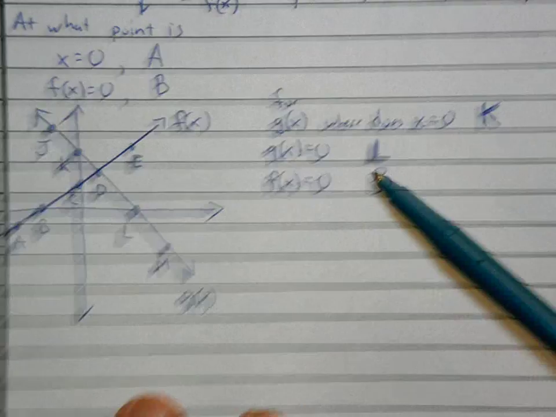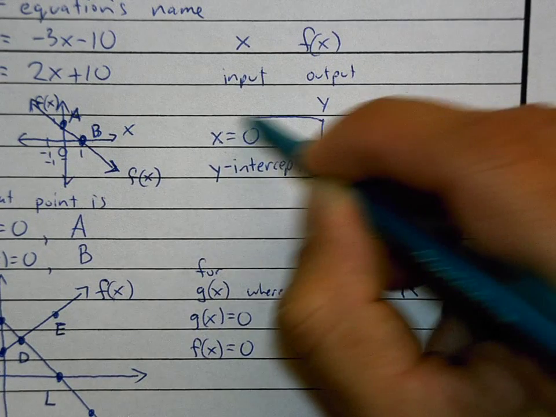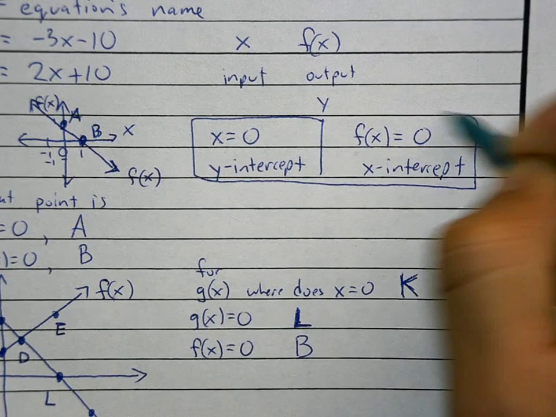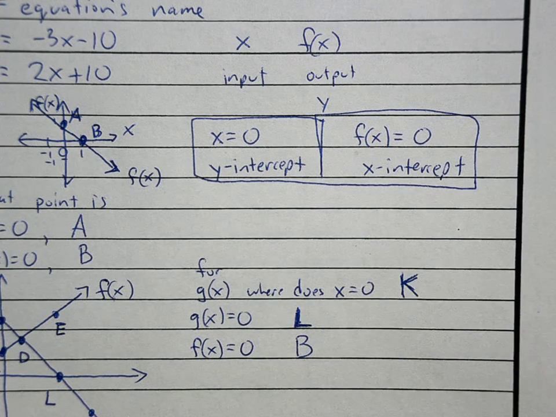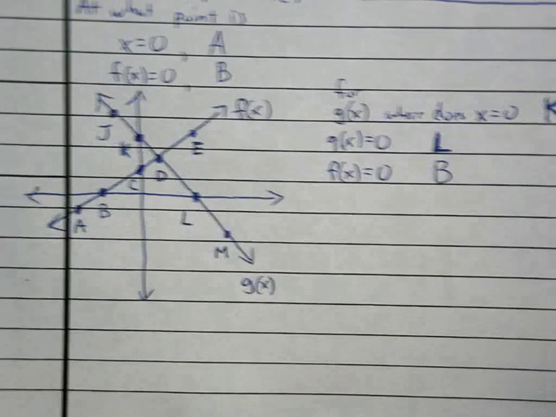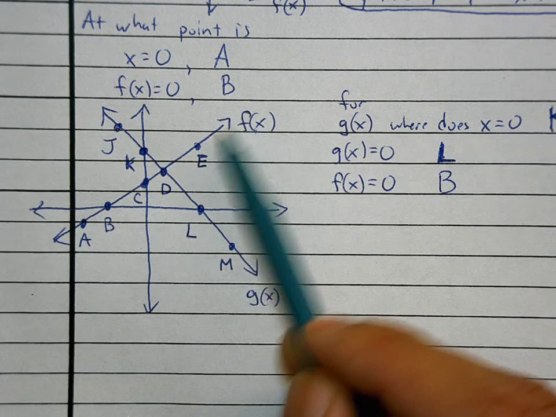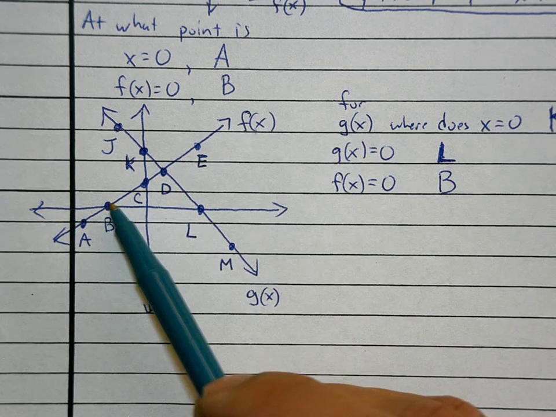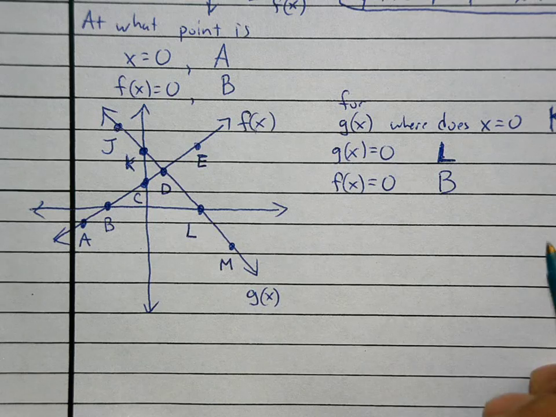If you forget, you can always go back to these two things, and they will remind you what they are asking for. And it could just be g of x equals 0 as well, just so you're aware. I wanted to know where the f of x was equal to 0. The value of 0 is B. B is the one that has a y value of 0.